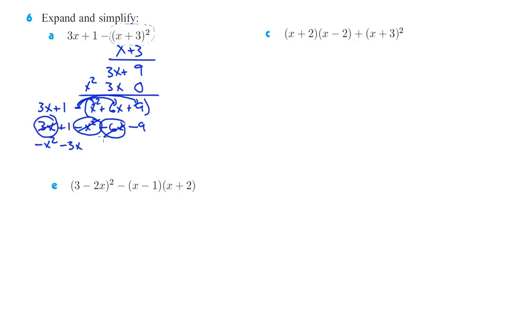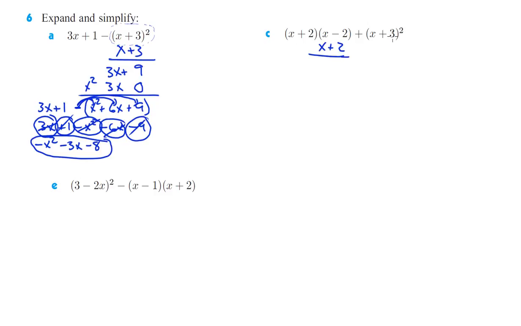Cross those out, and then 1 minus 9 is negative 8. And there's nothing that's left over, so that's my final simplification of that.